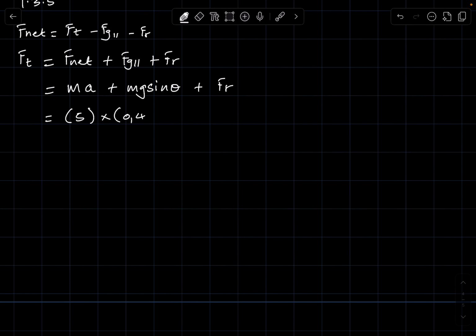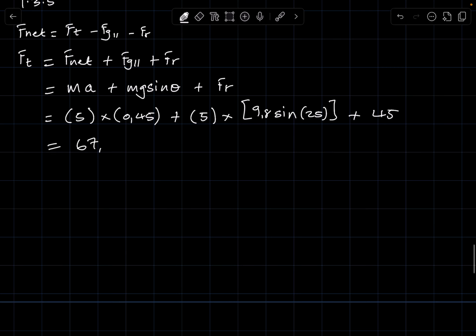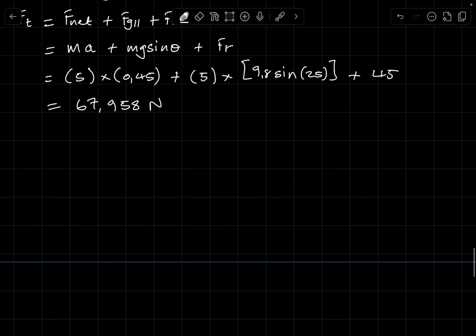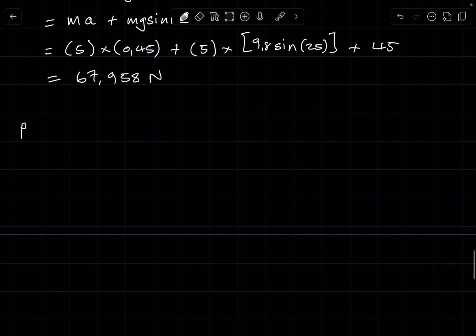So this is 5 times 0.45 plus 5 times 9.8 times sine 25, and Fr is 45. Now if you punch that in your calculators, you should get the total force applied, which is 67.958 newtons.